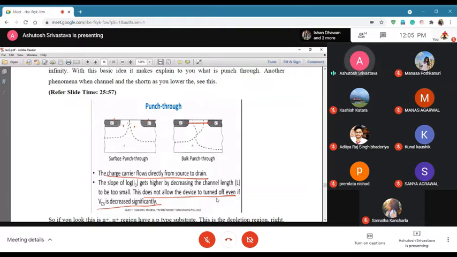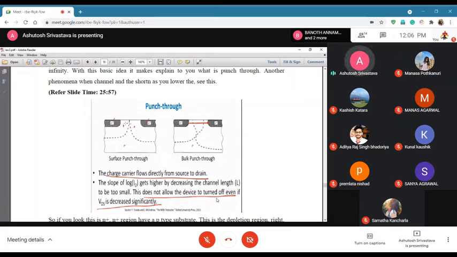There will be a separation between the depletion layer of the source N plus P junction and the drain N plus P junction. Each N plus P junction will have its own depletion region.